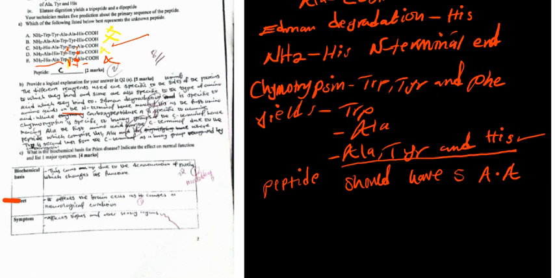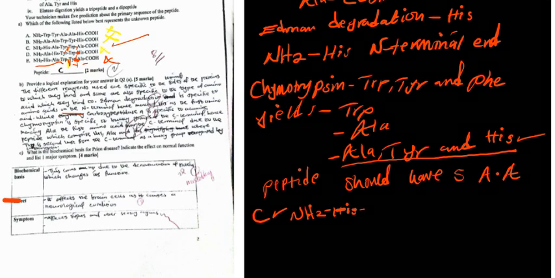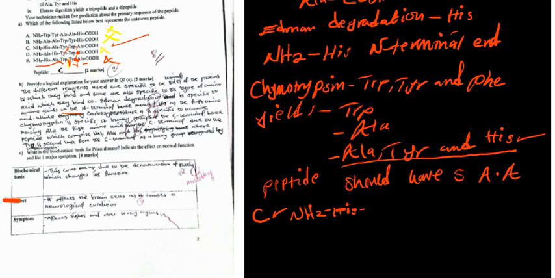So C was the answer, which is NH2, we have histidine, then we have alanine, then we have tyrosine, TYR, then we have TRP, then we have alanine, then at the end we have the C terminal.